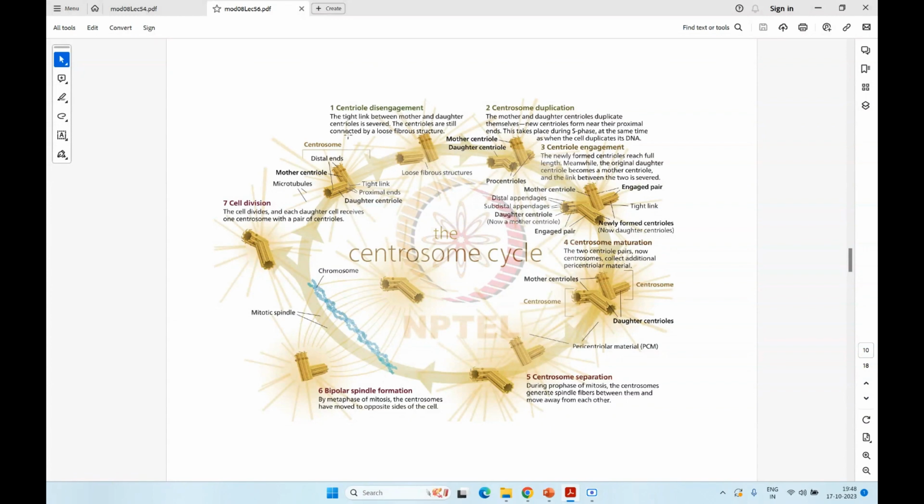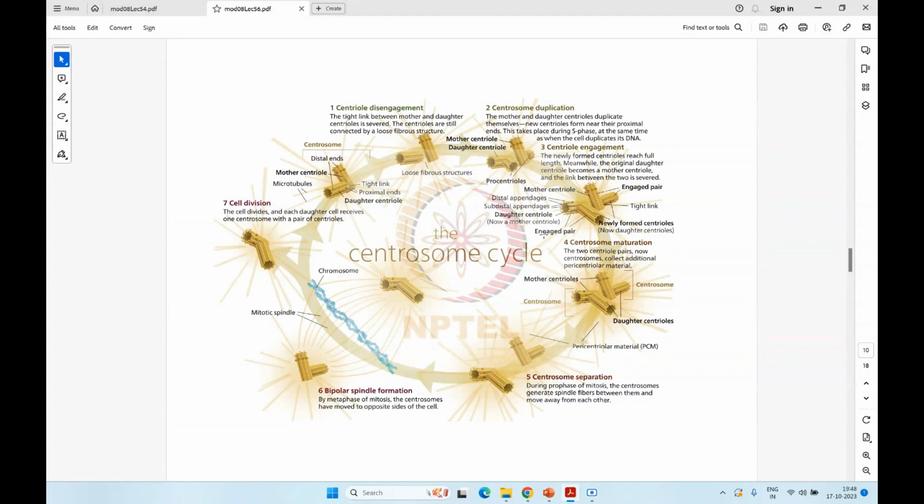So these two centrioles are going to sort of disengage, and then new microtubules are going to come in and assemble, one attached to the earlier daughter centriole, and one attached to the mother centriole.